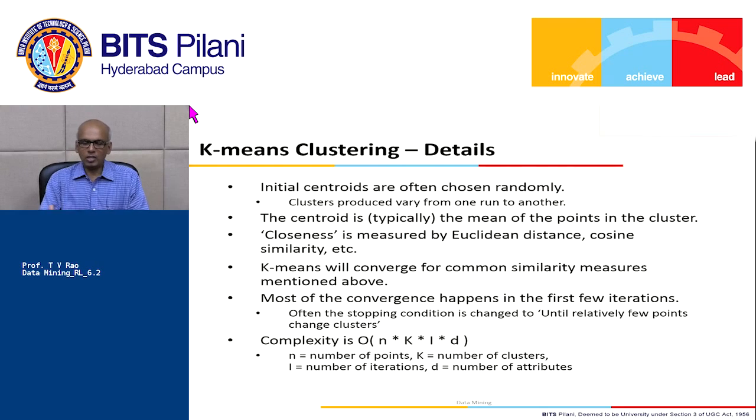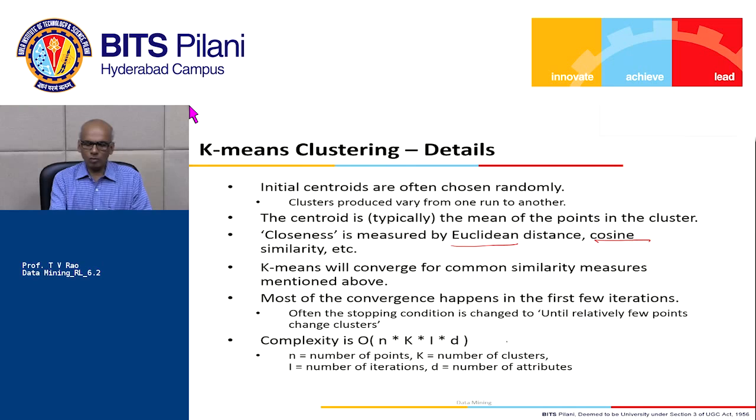We may use a Euclidean distance or a cosine similarity to measure the closeness of the points. It converges generally for the similarity measures mentioned. And we stop when the changes within the clustering are minimized.